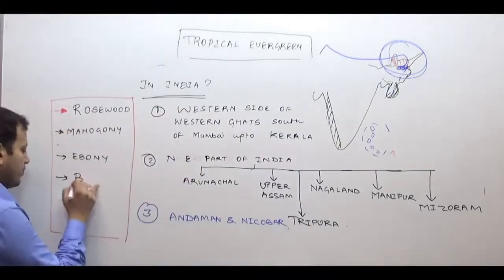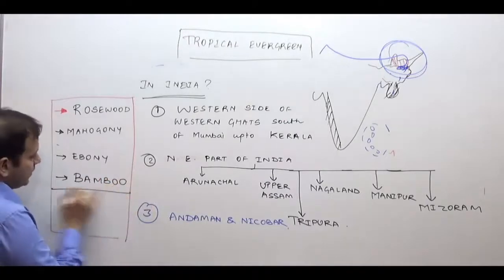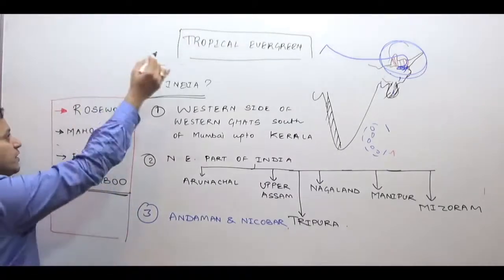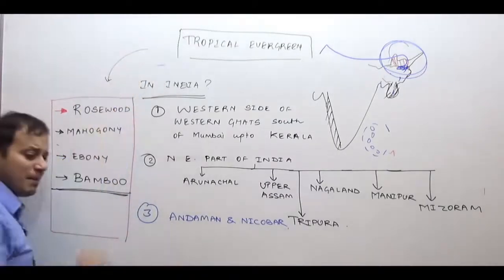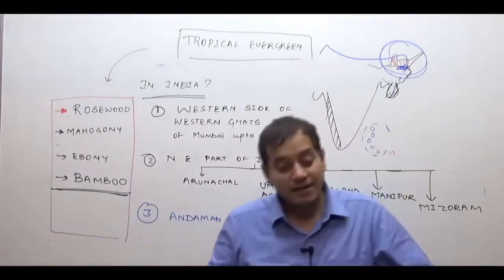Bamboo. These are the important species of the tropical evergreen. Remember, these are also the species of the tropical semi-evergreen region.